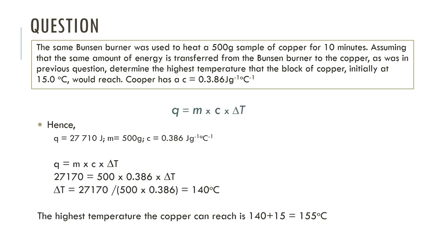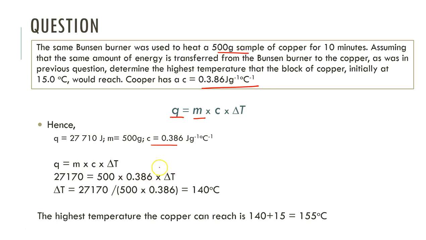Again, this time we've been given the amount of energy, so we've been given Q. The mass is a 500 gram sample of copper. Okay, so it's 500 grams because we're not looking at a solution this time. Okay, the specific heat capacity of copper you would have had was given to us in the question.